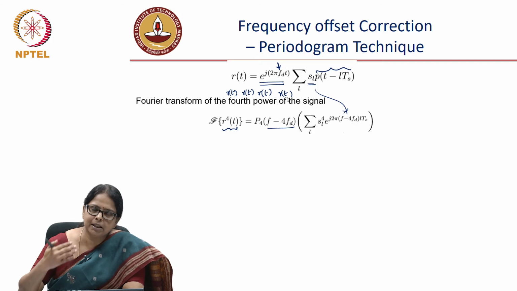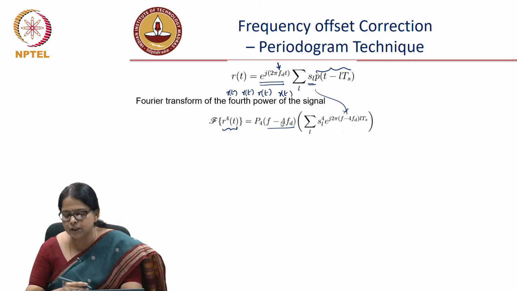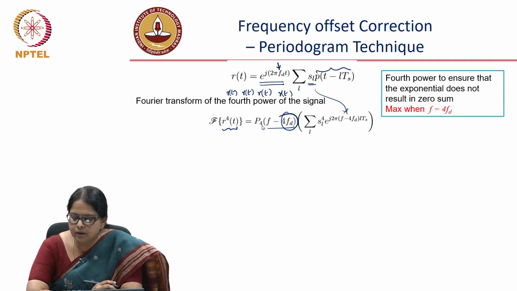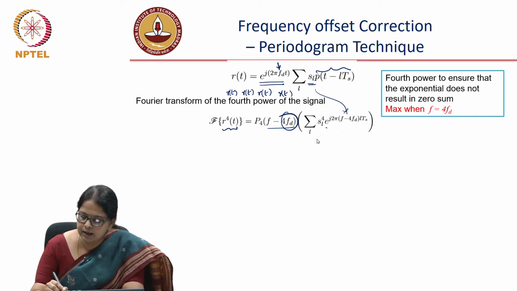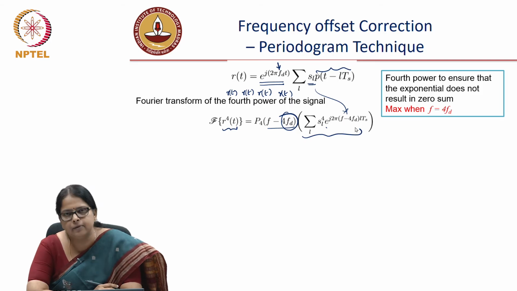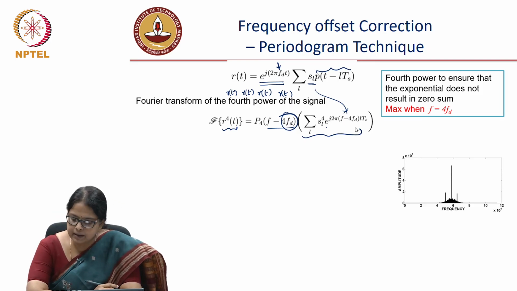So, in the frequency domain you are going to get a specific signature at 4 times the frequency offset. Now, the fourth power is done to ensure that this exponential does not result in a zero sum, okay. And this Fourier transform becomes maximum when f is equal to 4 f d.